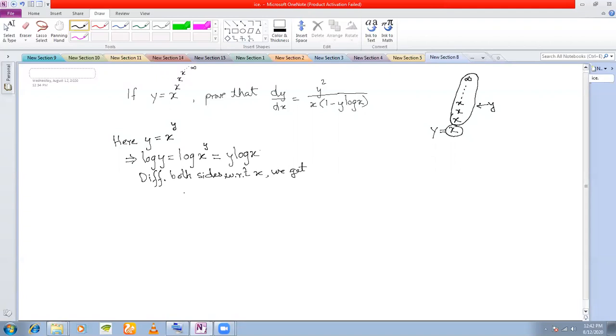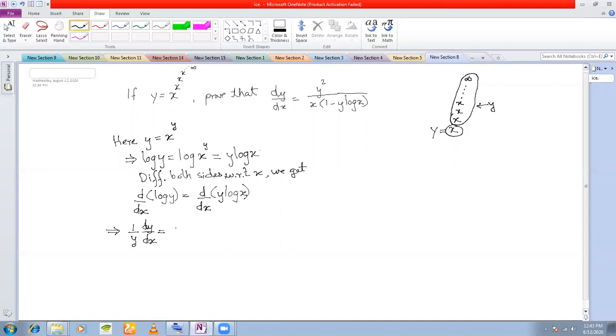We get d/dx of log y is equal to d/dx of y log x. Okay, so in the next step, log y, you know how to differentiate: 1 by y dy/dx.